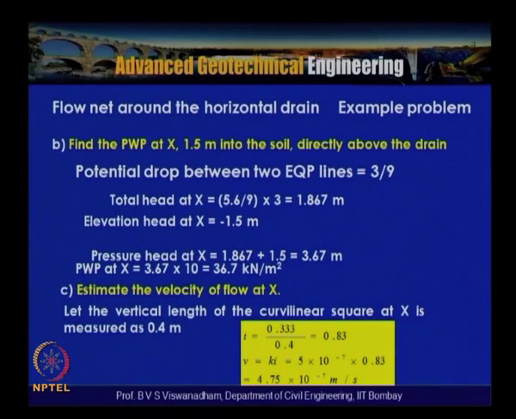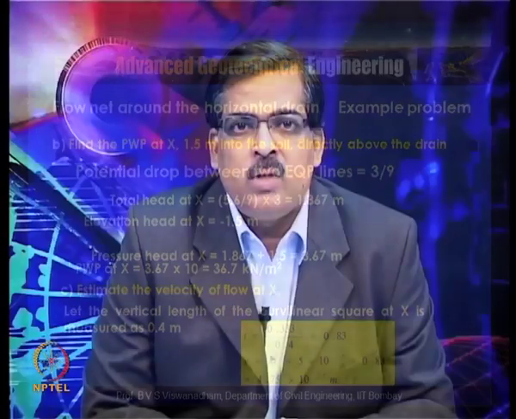And if the length of that small incremental flow line is known from the flow net which is drawn to scale, then we can calculate the hydraulic gradient, that is 0.333 divided by 0.4, which gives 0.83. By using Darcy's law, V is equal to Ki, K is given to us and i is estimated as 0.83, so we can calculate the discharge velocity or superficial velocity at that point.